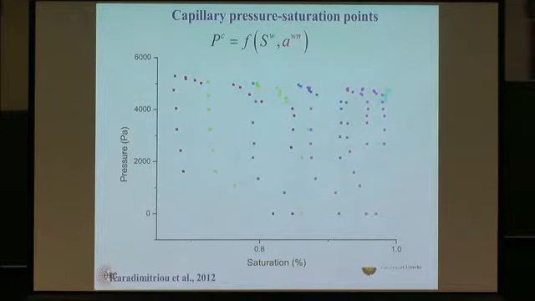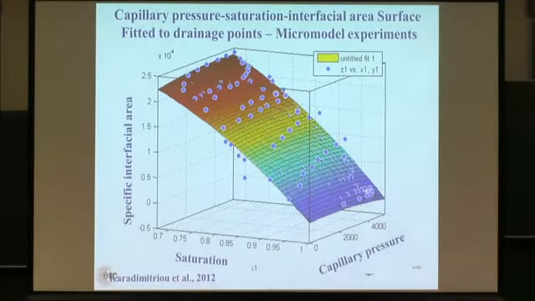But then if you look at the PCSA surface and you put the data points, you get the same surface whether you put drainage data, imbibition data, or scanning data. It forms one single surface, which is nice because it says that this way you can model hysteresis, not as curves, but as a surface.